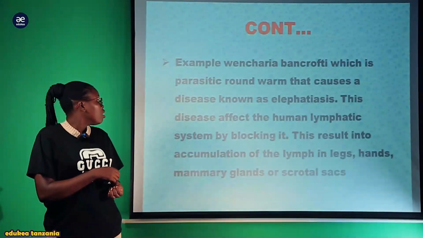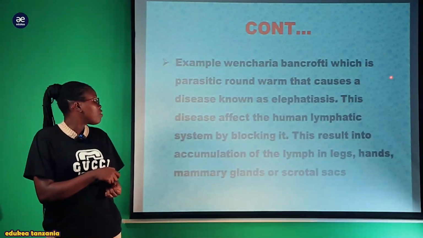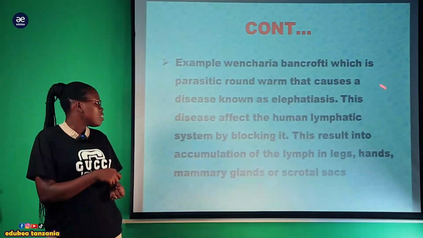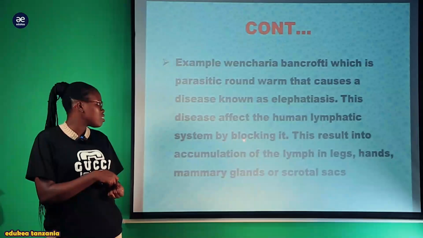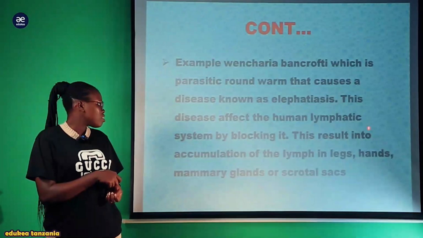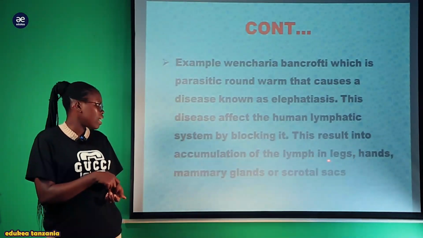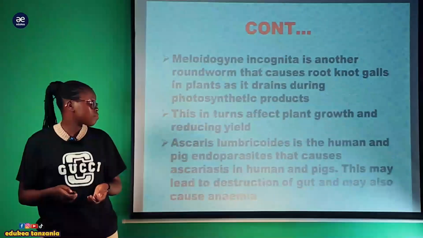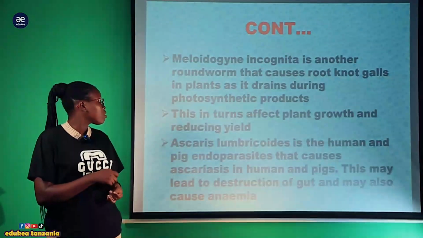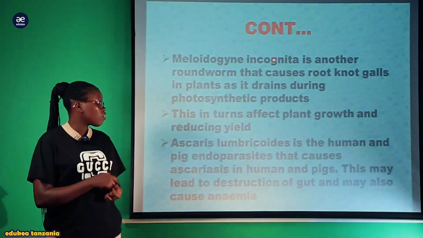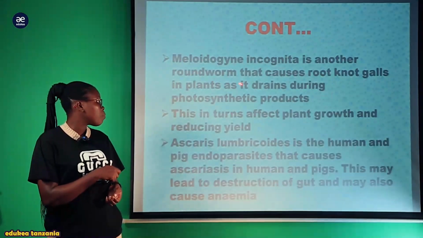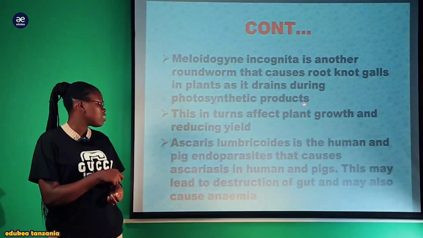Vile vile, this Wuchereria bancrofti, which is a parasitic roundworm that causes disease known as elephantiasis. This disease affects the human lymphatic system by blocking it. This results into accumulation of the lymph in the legs, hence mammary gland or scrotal sacs. Vile vile, Meloidogyne incognita is another roundworm that causes the root knot gall in a plant as it drains the photosynthetic product.